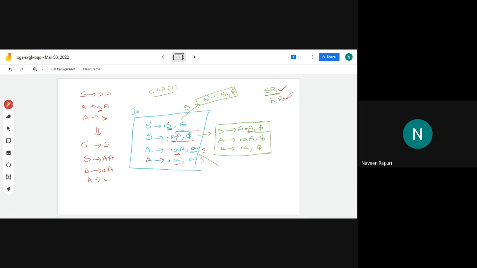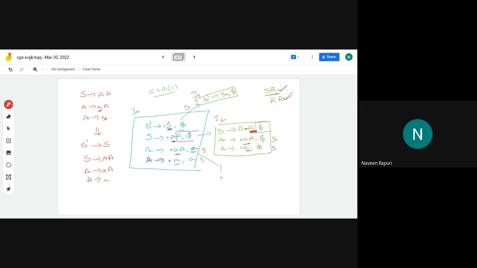Here this is goto, and this is shift, and this is also shift. Shift is also not a problem, so we can move forward. So this is I0, I1 and I2.